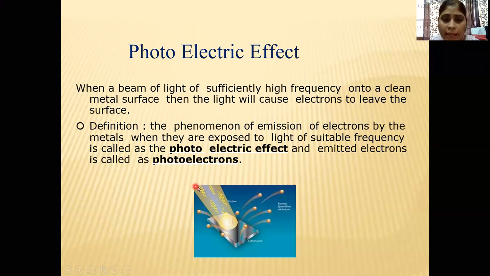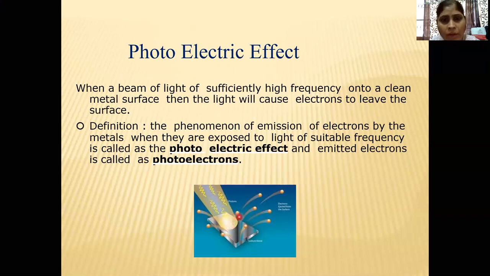The electrons present in the valence band knock out of the covalent bond and come out and start moving. So these electrons act as free electrons now. This effect is called the photoelectric effect.